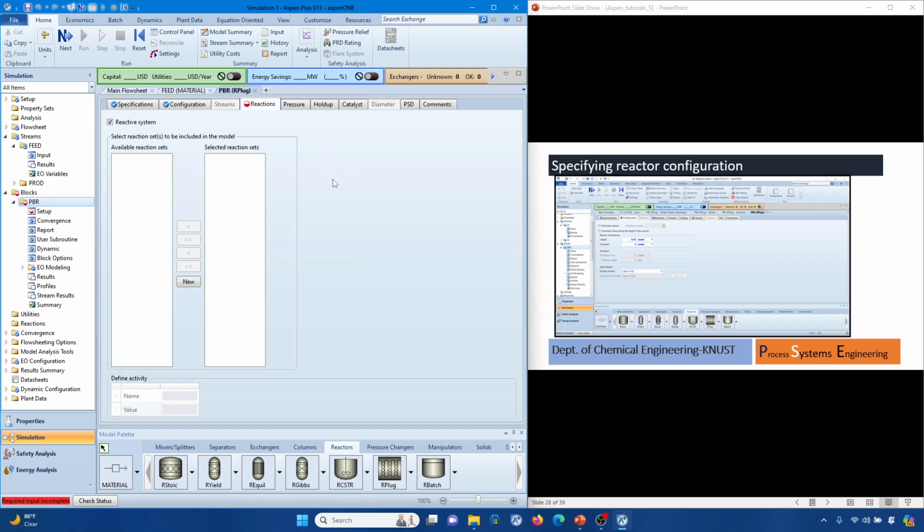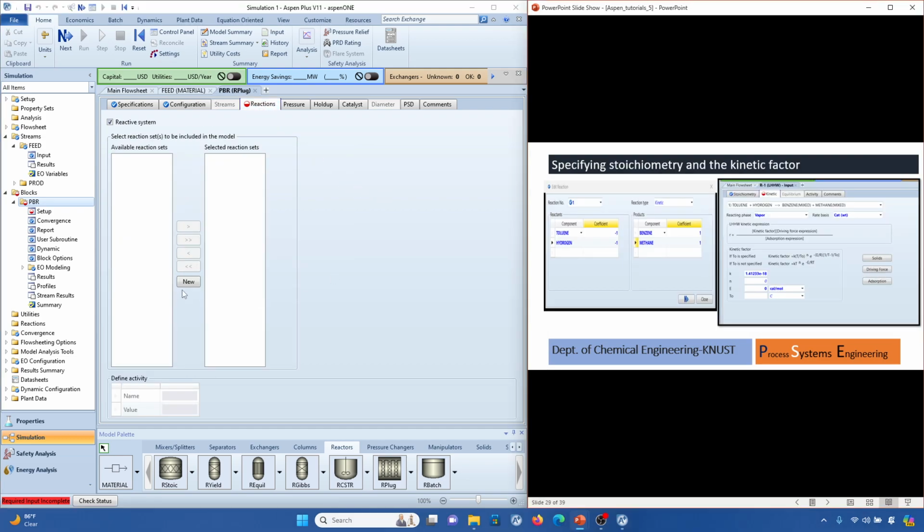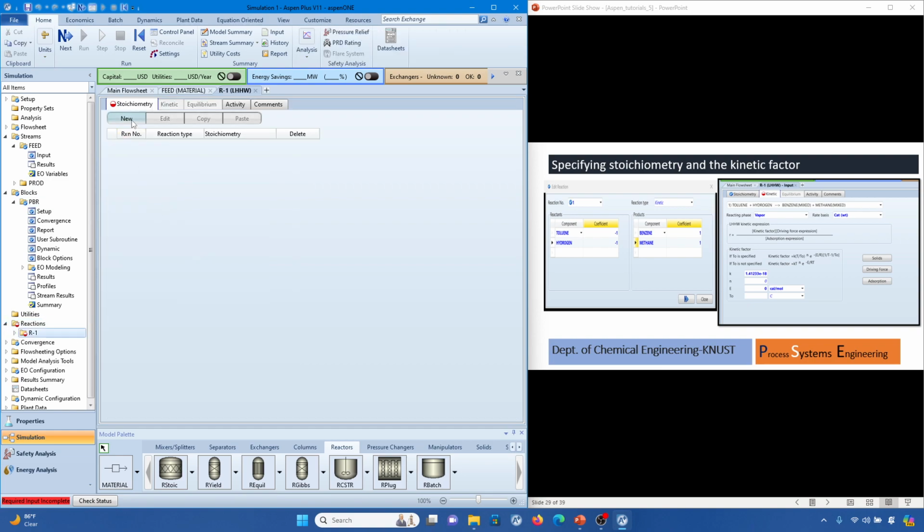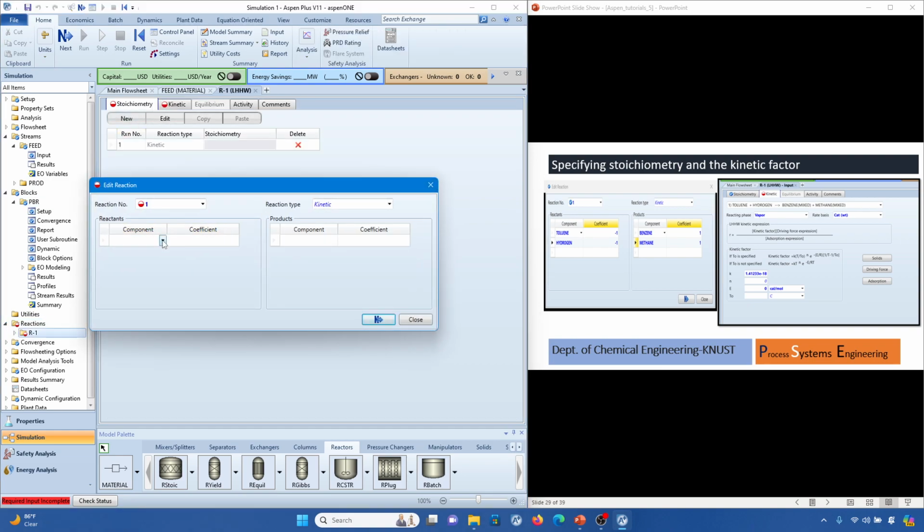For our reactions, we create a new reaction set, as we know, and that's where things start to change. Over here, instead of a power law model, we choose the LHHW set. Then we can add our reaction.